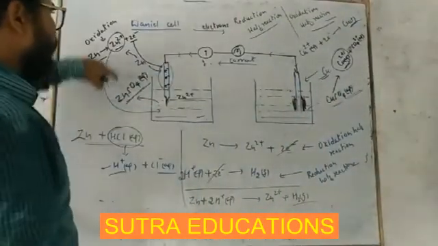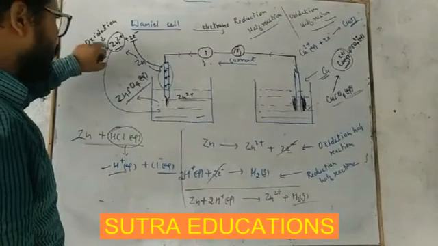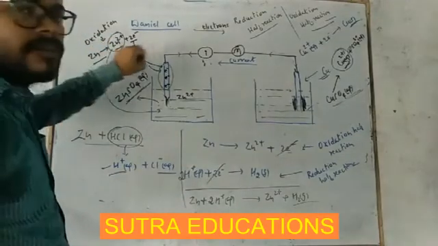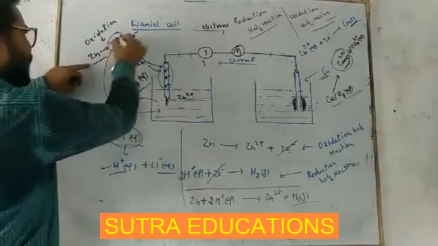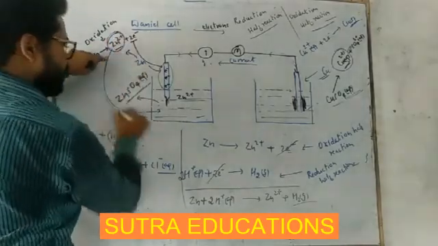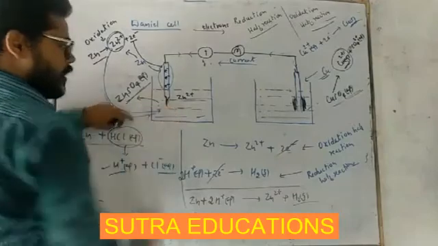This zinc will be converting into Zn2+ and 2 electrons are being released. So this Zn2+ ion, I told you, is coming into this electrolyte.